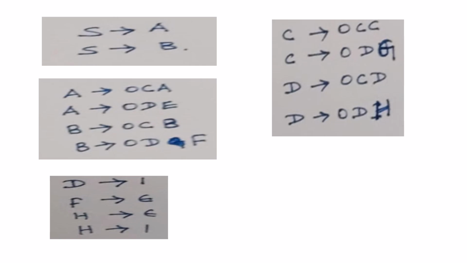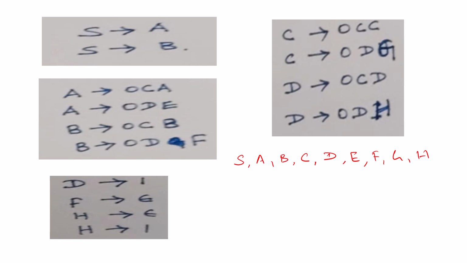So S implies A and S implies B. And now we want to find which are all, because we are having the variables now S, A, B, C, D, E, F, G and H. We want to find whether all the variables are having a left hand side, so that we can find which are all the variables that are not having productions.